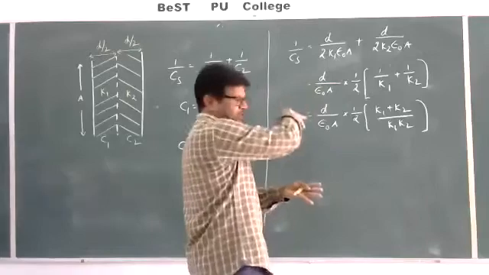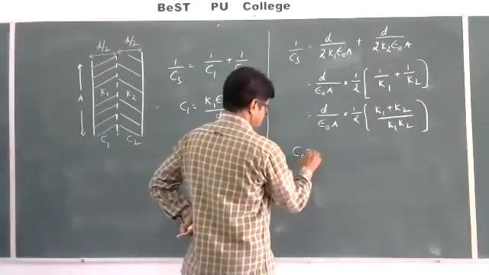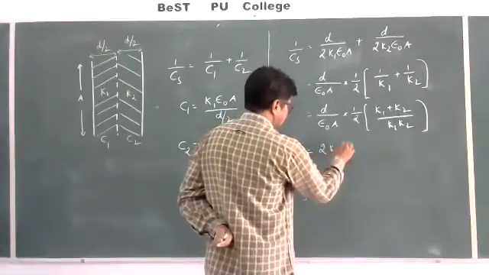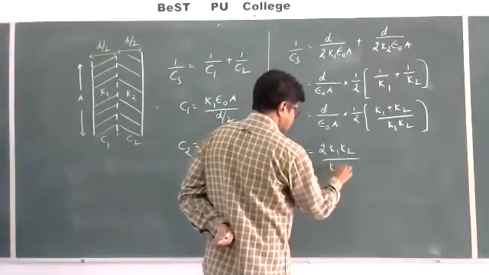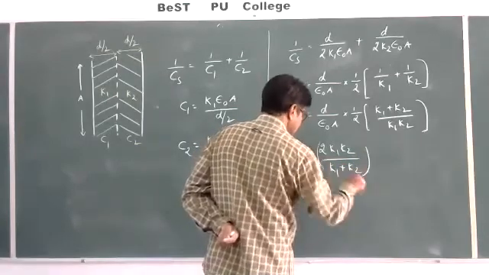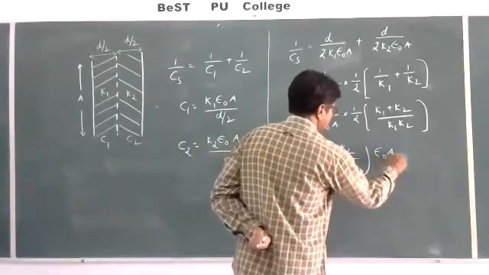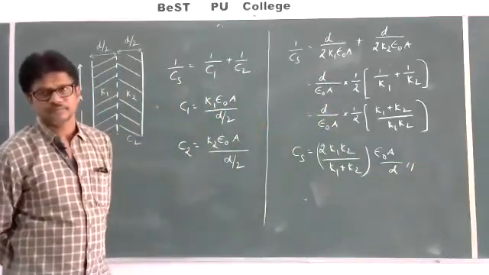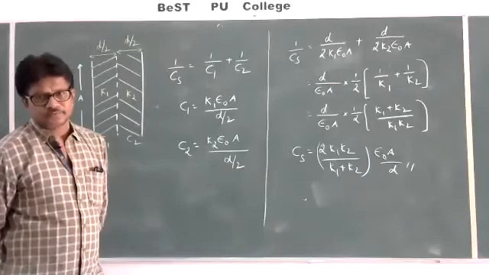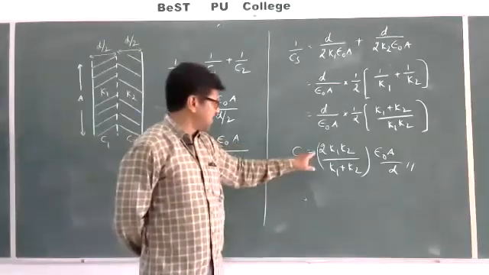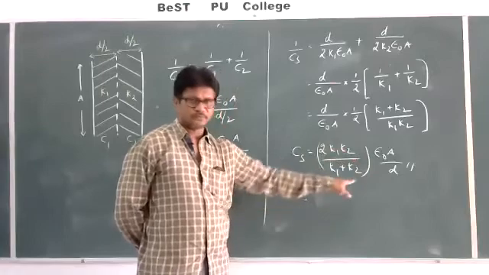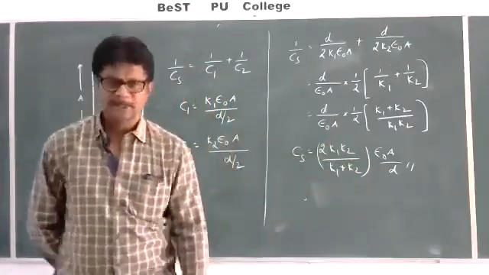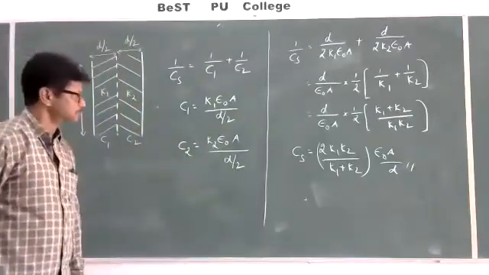Then Cs is equal to 2 K1 K2 by K1 plus K2, reciprocal I am taking, into epsilon naught A by d. So this is called an effective dielectric now. 2 K1 K2 by K1 plus K2, effective dielectric we can call.